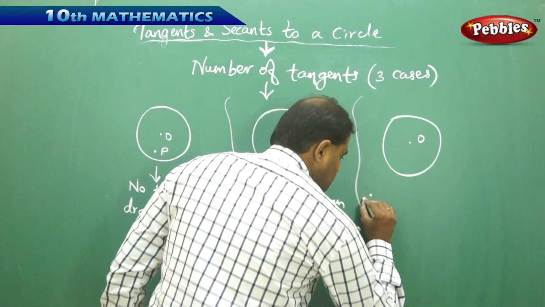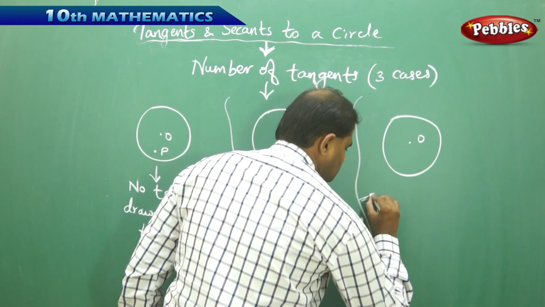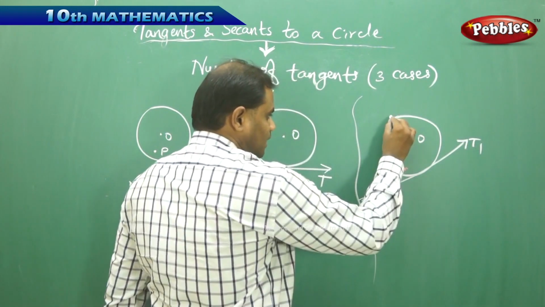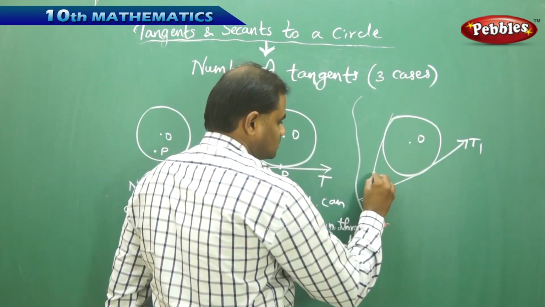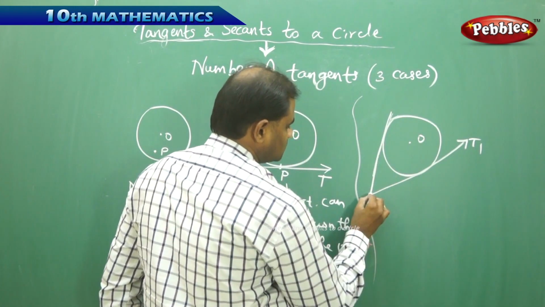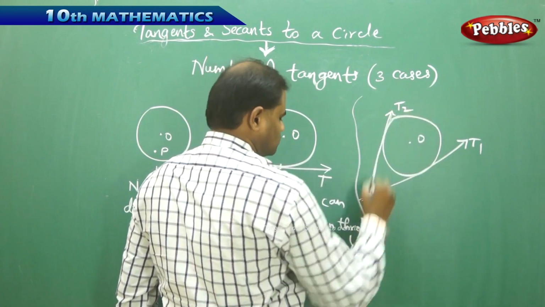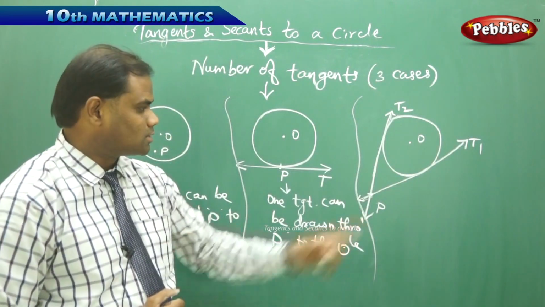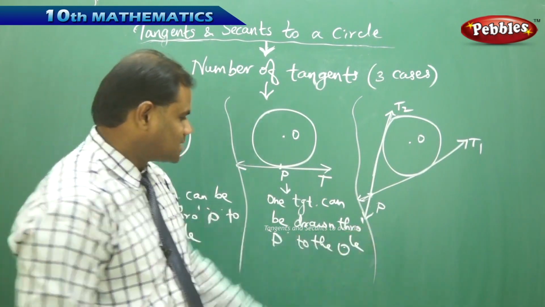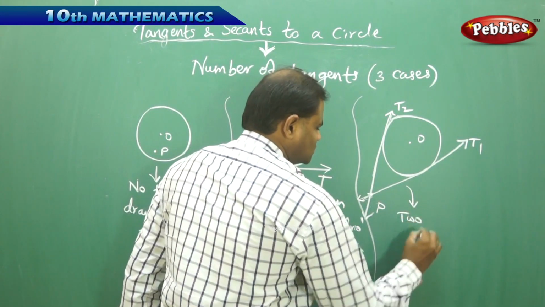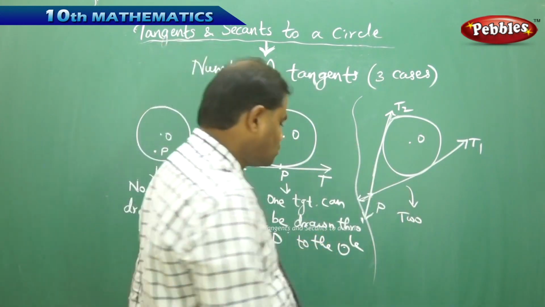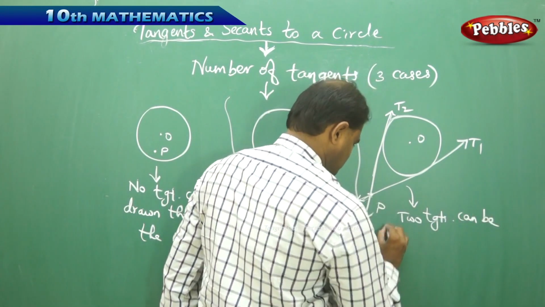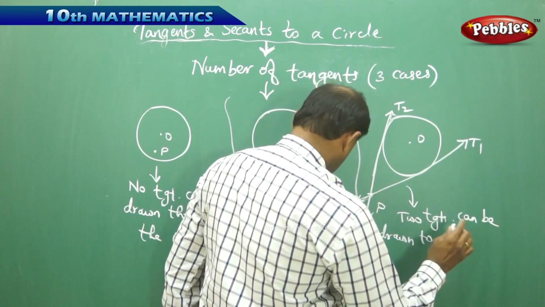One coming out, passing through P. I have one tangent here which is T1, and I have another tangent which passes through P. T1 and T2 are the two tangents which I can clearly see passing through P to the circle with center O. So in this case, I see that for any point outside the circle, there are two tangents which can be drawn through P to the circle.